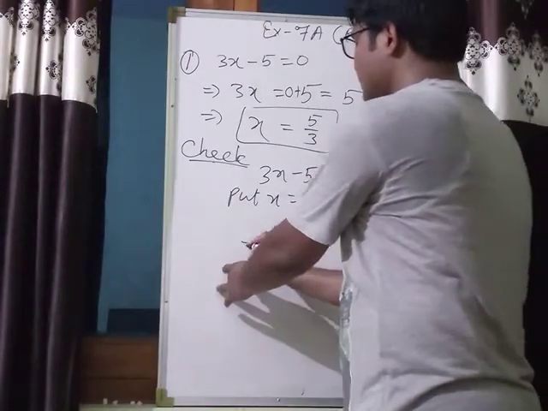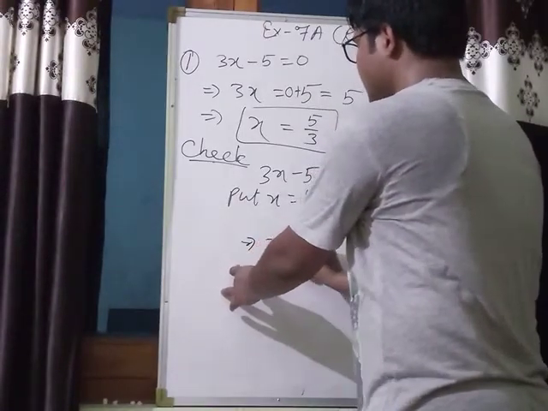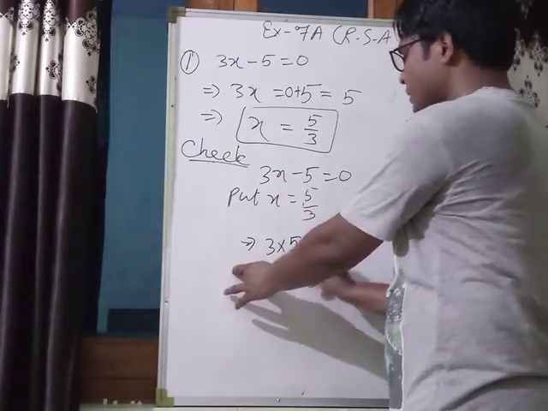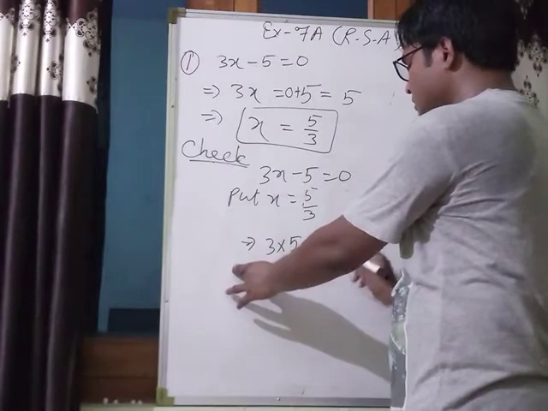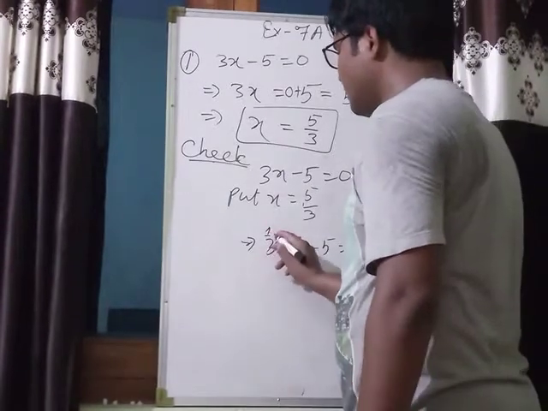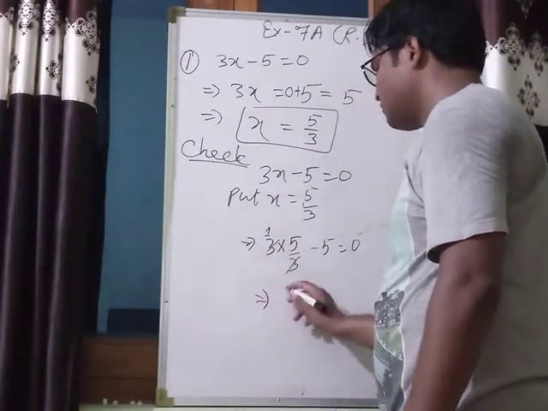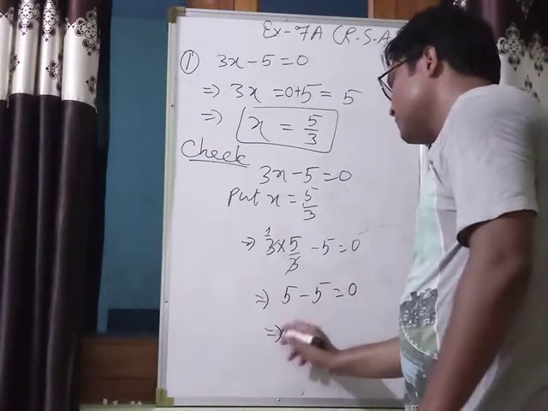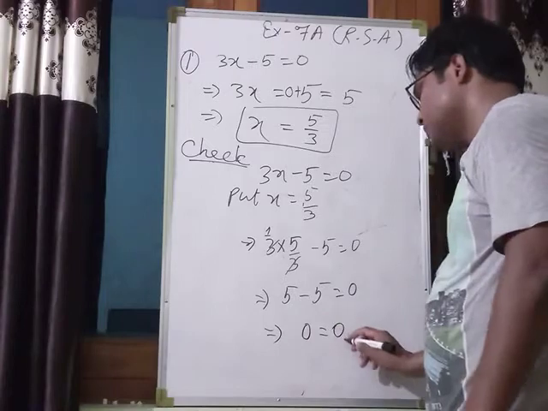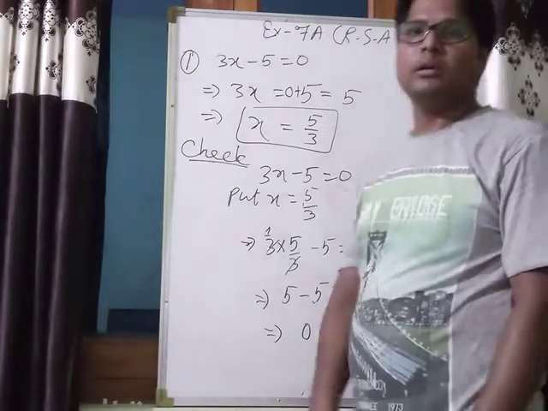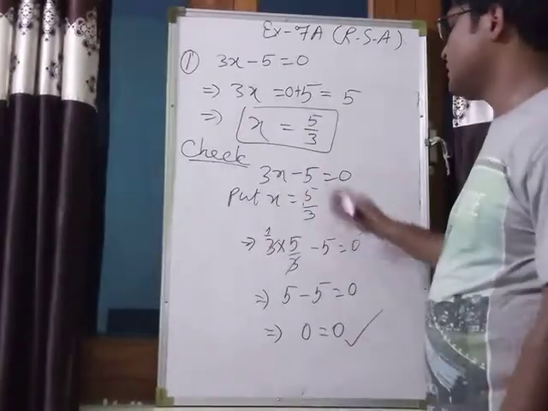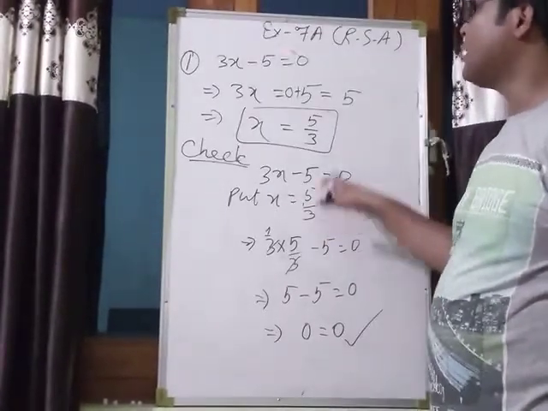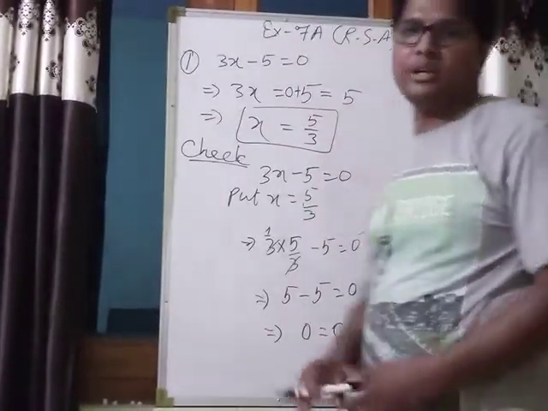So we have 3 into 5 by 3 minus 5 equal to 0. 3 times 1 is 3, 1 into 5 is 5, minus 5, that is equal to 0. Clearly 5 minus 5 is 0, equal to 0. Okay, so this answer is correct, because x is equal to 5 by 3 satisfies the given equation.